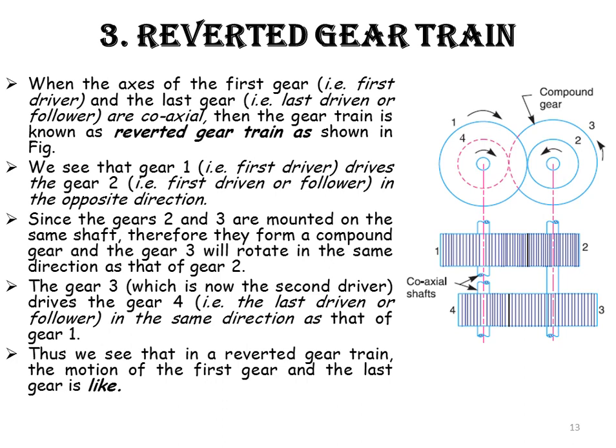When the axis of the first gear and the last gear, that is the first driver and the last driven follower, are coaxial, then the gear train is known as the reverted gear train.